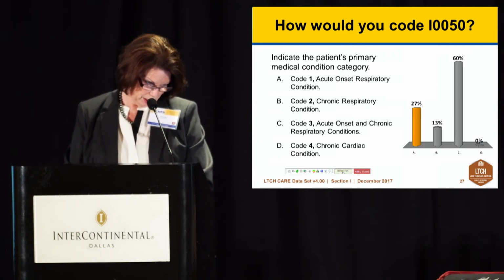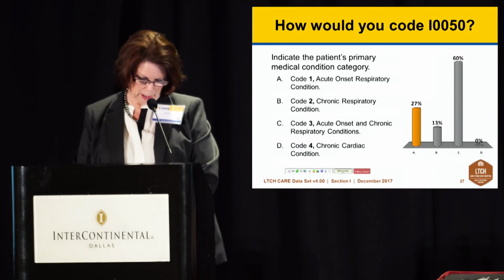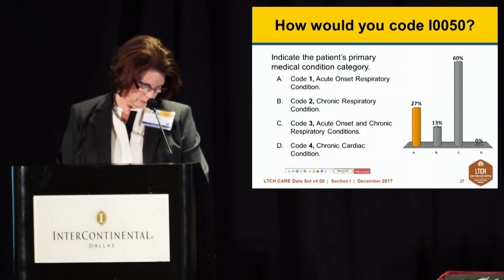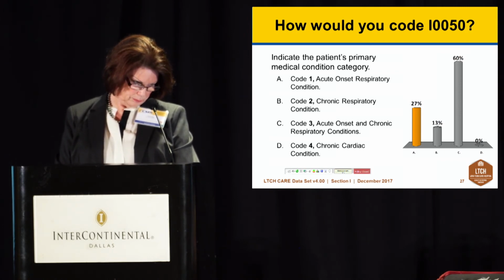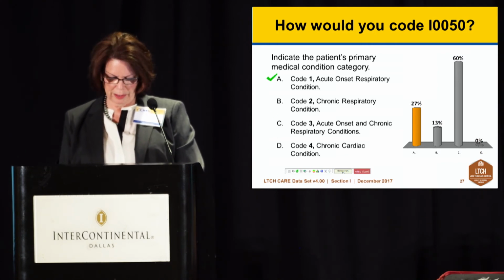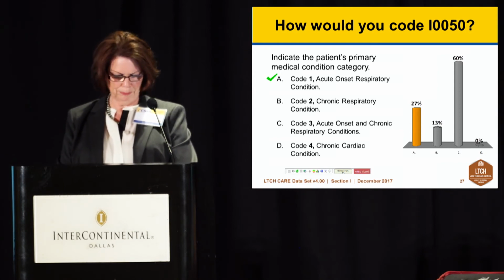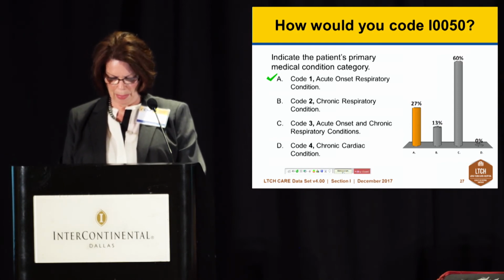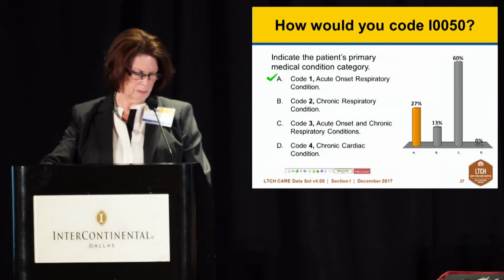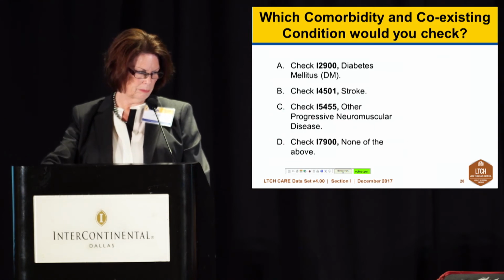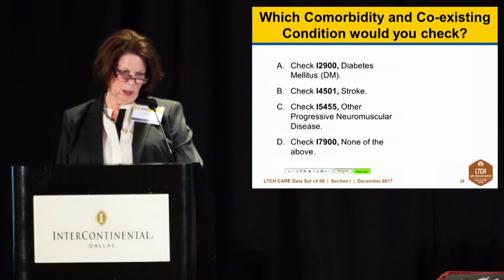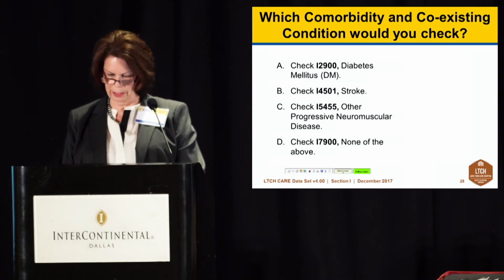And the majority of you picked C, acute onset and chronic respiratory condition. In this scenario, the response is acute onset respiratory condition. Which comorbidity and coexisting condition would you check in this scenario?